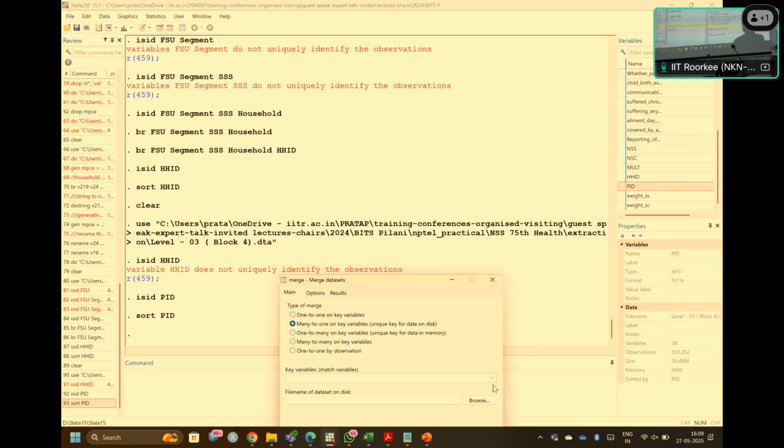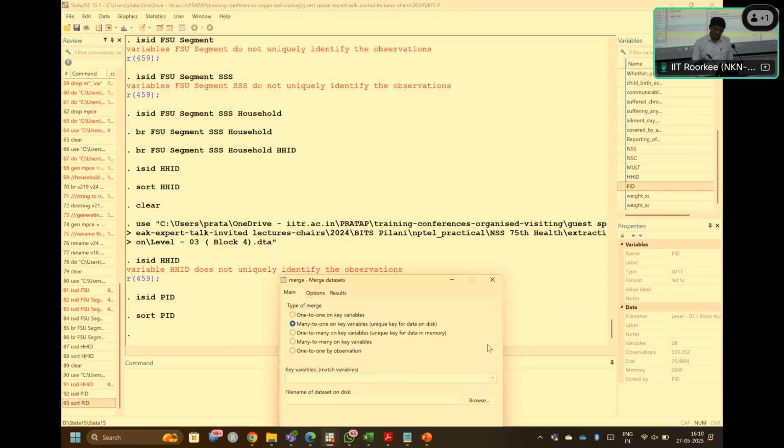That variable should be uniquely identified in both the files. For the m type of file, unique ID is not required. Unique ID is required, but may not be uniquely identified. Still, it works. We have just seen it. HHID is not uniquely identified. But the first one, the m-to-1 one file where HHID is mentioned should be uniquely identified. Understood now?